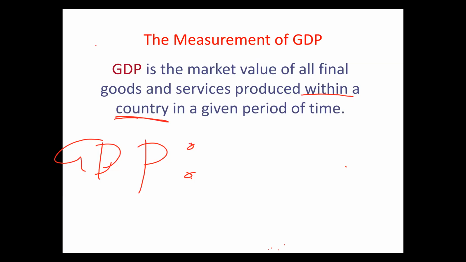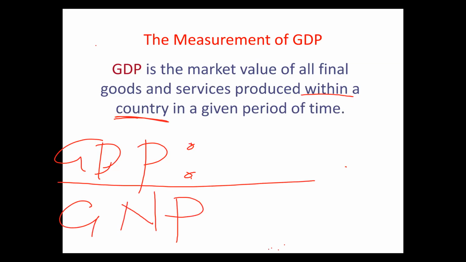Meanwhile, because this question frequently comes up, pay attention. There is what is called the gross national product, GNP. It is the market value of all final goods and services that are produced by the nationals, the people of our country.